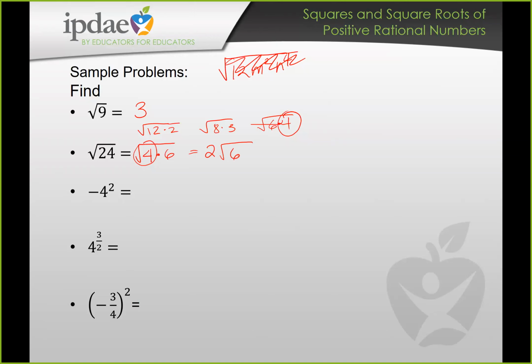I usually teach taking the square root of a number in terms of jail. I did it in some of my workshops that I did throughout the state. Sometimes I tell the students, think of that number. Let's take the number 4, and if it's underneath the square root symbol, that number is in jail.